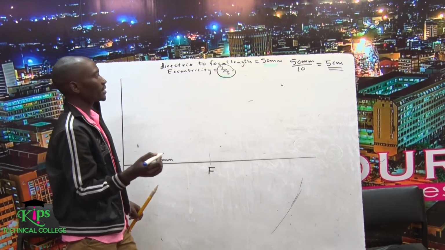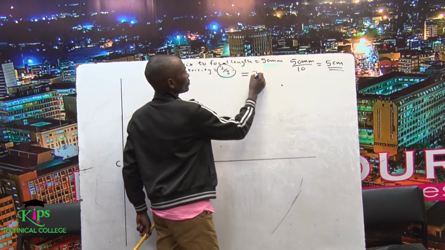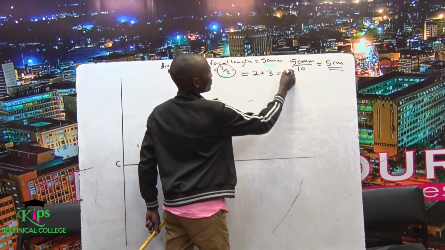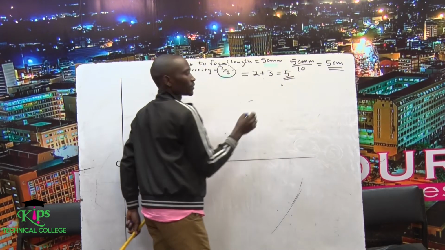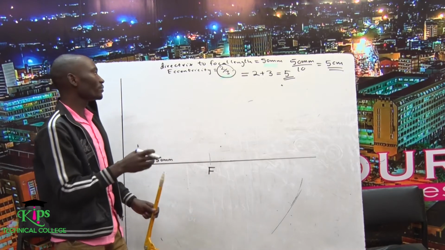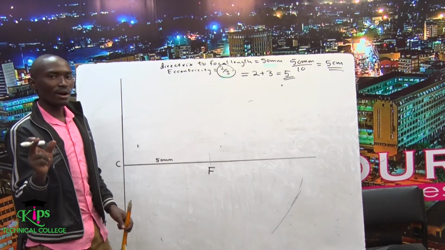I said initially you need to add this eccentricity. So 2 plus 3, you will get 5. That means you need to subdivide this line into 5 equal parts.